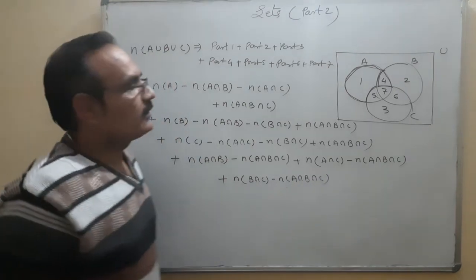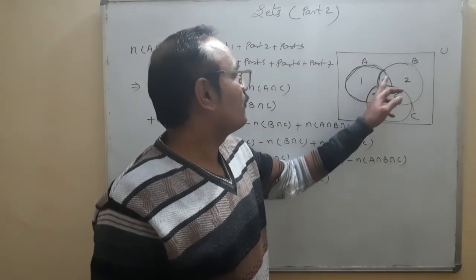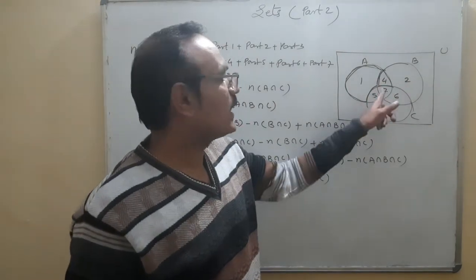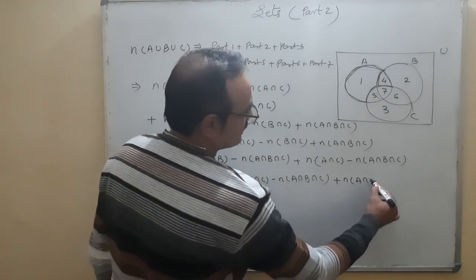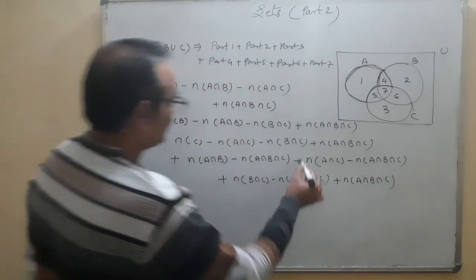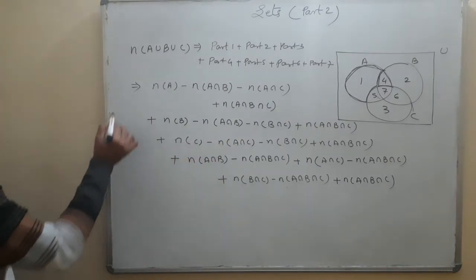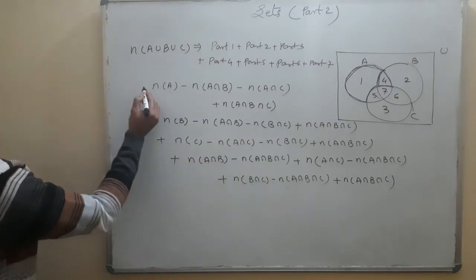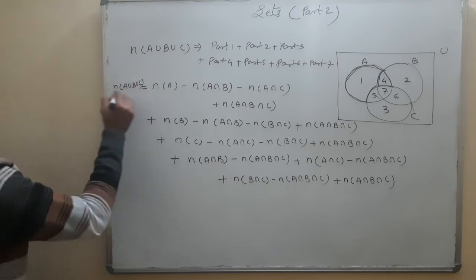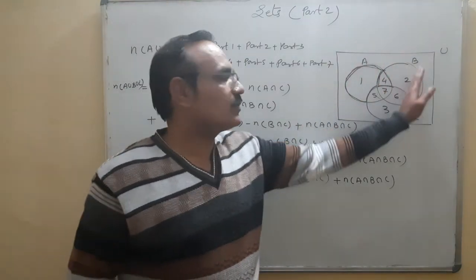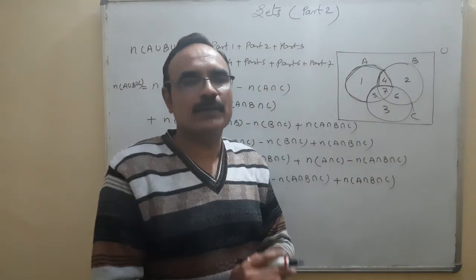Okay. Part 1, 2, 3, 4, 5, 6 and plus part 7, that is plus n(A ∩ B ∩ C). Is that okay? This entire term can be written in the form of n(A ∪ B ∪ C). Agreed?